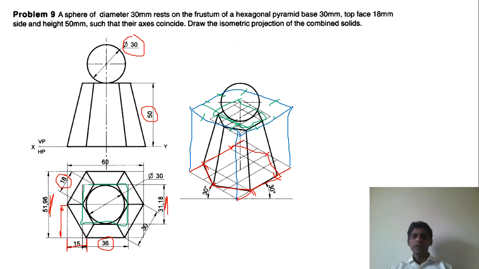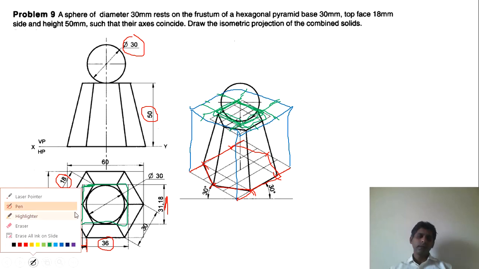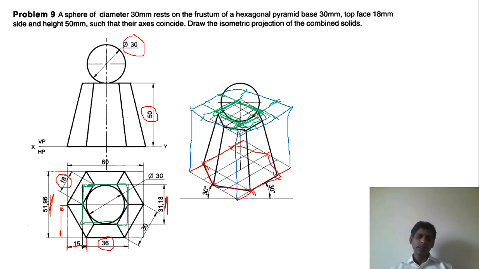So you should join these lines, and thus we will get one square or rectangle, and in this rectangle we are supposed to draw this hexagon again, by measuring these distances here. For example, this distance here, this distance, and these distances are required.